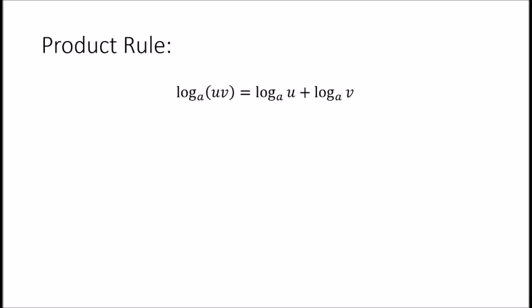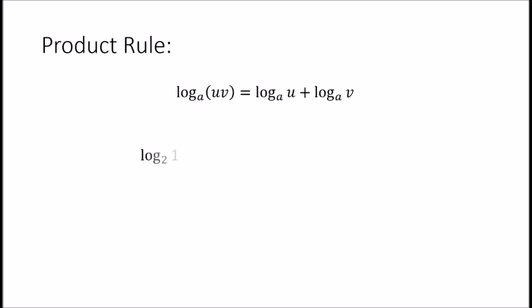There is not a good way to get rid of a sum. So if you had the log base a of u plus v, you can't do anything with that. You cannot remove the logarithm or split it up in any way. So in this case, it only works for a product or a quotient.